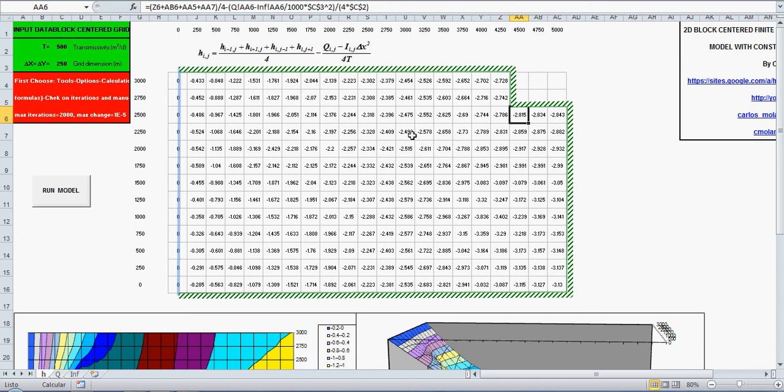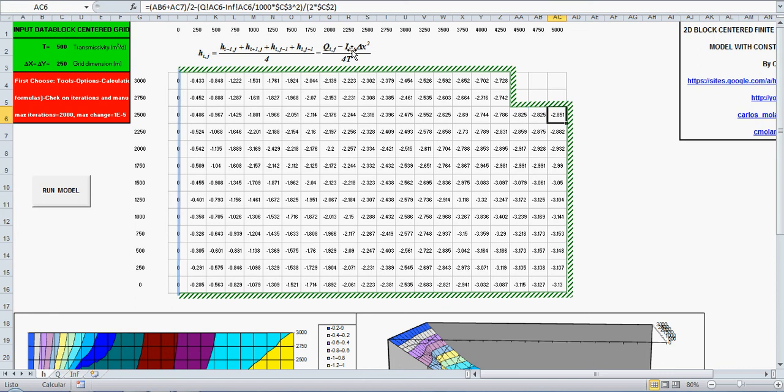Here we don't have row 5, so again divided by 3, and here also divided by 3. This is the same as this one, so let's copy, paste. And in this one we don't have the AD cell, so let's delete it, divided by 2. So that's an easy way to remember how to put the correct equation in any type of boundaries.